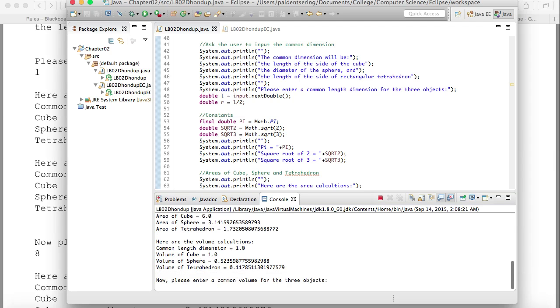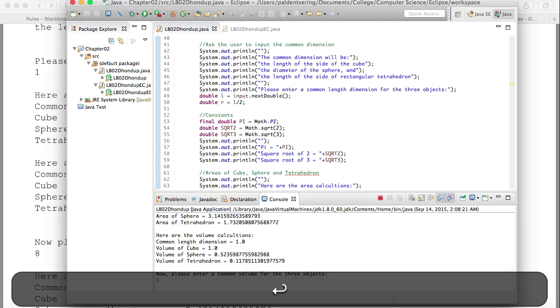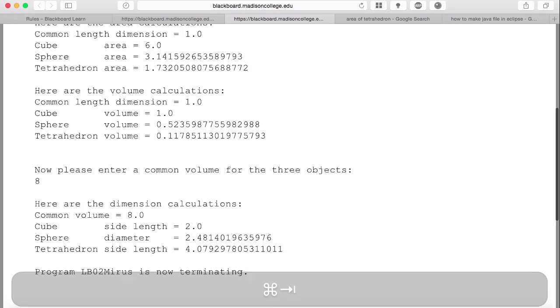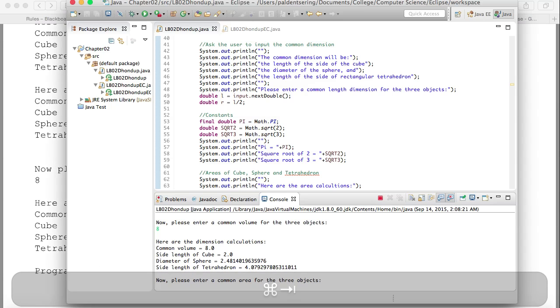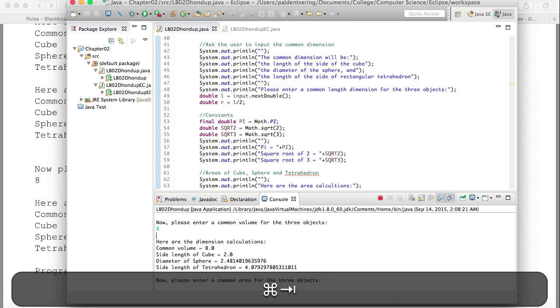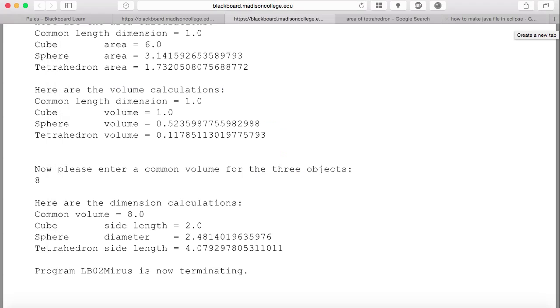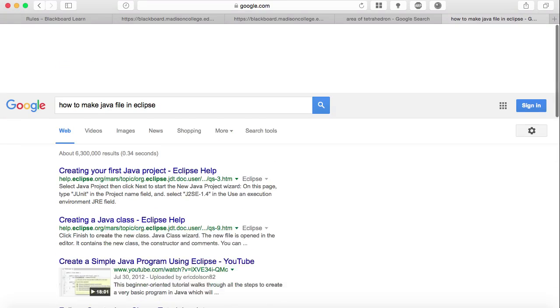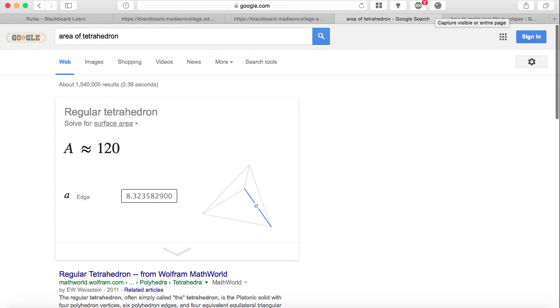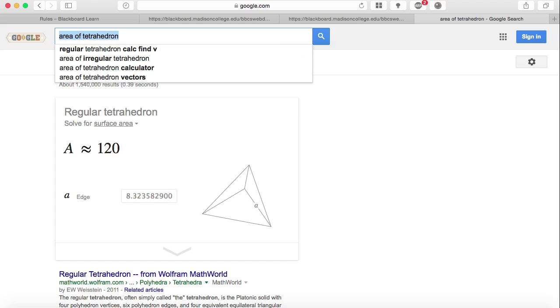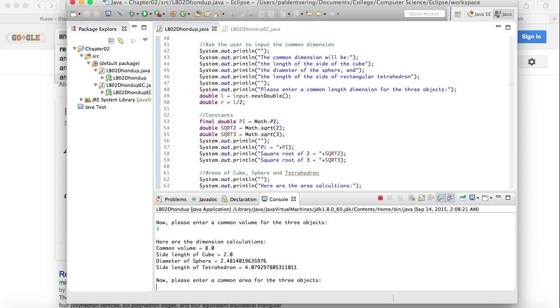And then for the common volume, 8, and see, it's the same thing. So as you see, the program works so far. Now it's going to ask you for the common area.